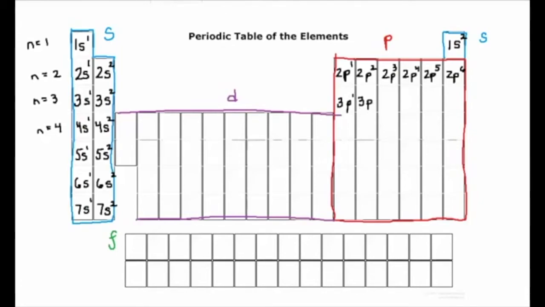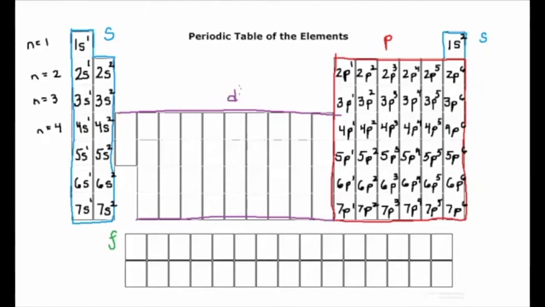Pause me, please. Now I need to do the d sublevel. So you would expect this to be 4 right here because you're in the 4th principal energy level, but it actually starts as 3d1. Then everything else is the same. So 3d1, 3d2, all the way to 3d10. And then this would be 4d1.